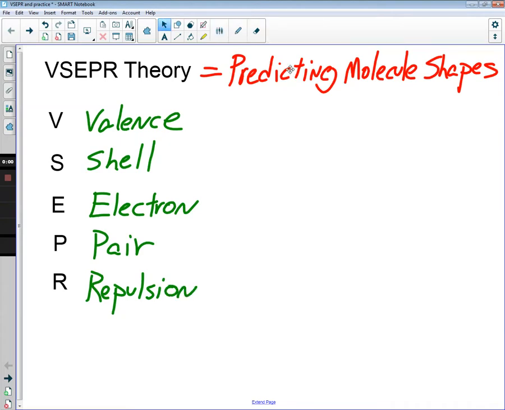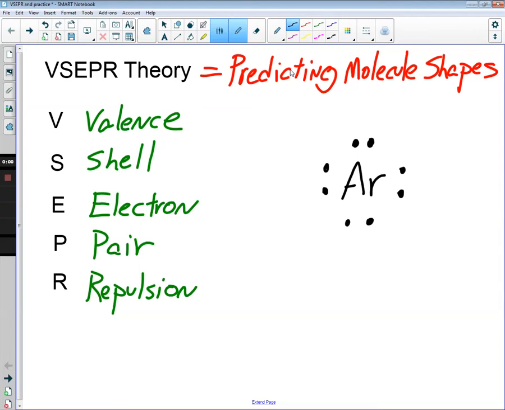Because the thing you know about electrons, they're negatively charged, and if you've got electrons brought close to electrons, they don't like that. They repel each other because they have the same charge. And so if you have, as you've seen before, pairs of electrons located around the outside of an atom, they are going to orient themselves in such a way where they can be as far away from other pairs of electrons as possible.